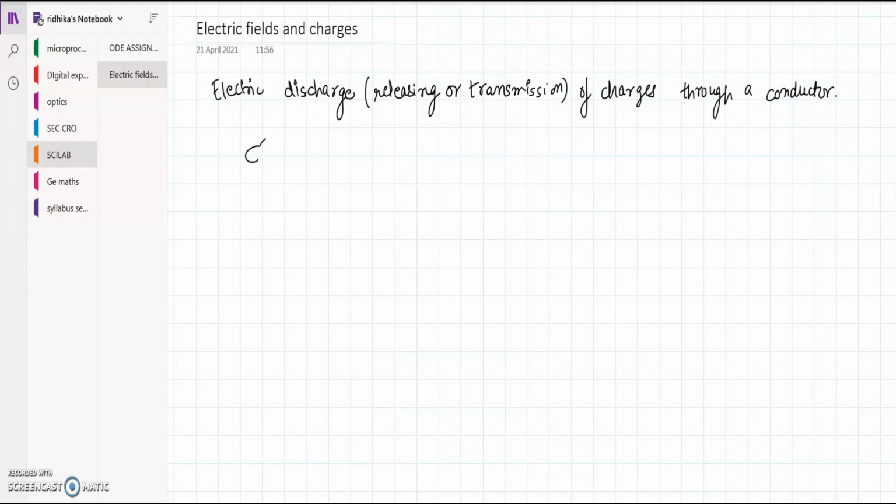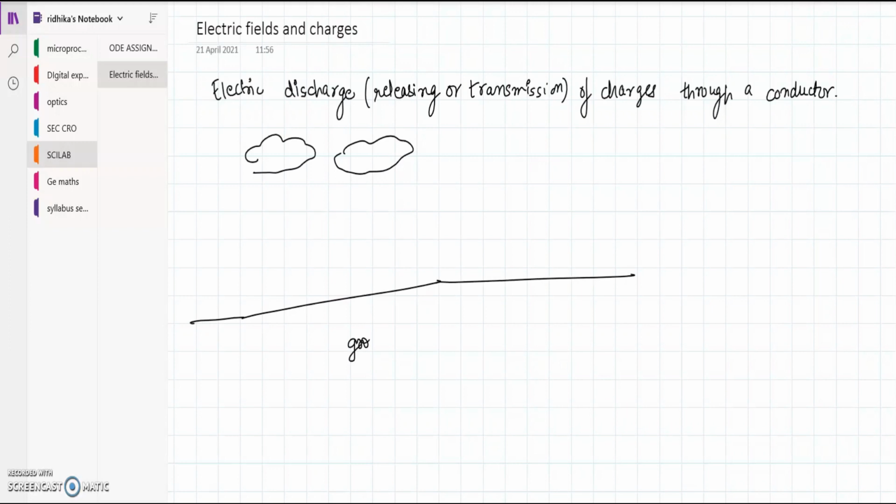Okay, so we see clouds somewhere in the sky, and during lightning the land on which we live, basically the earth, is a conductor, meaning it has some charges inside it, say a positive or negative charge, but we will not say positive or negative. We say some sort of charge, maybe positive or negative, but some charge is in the ground.